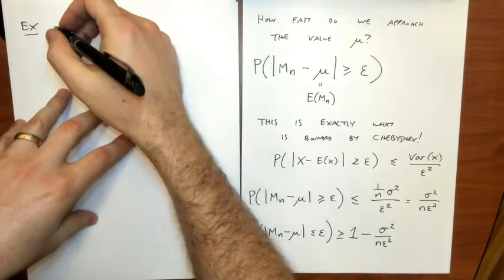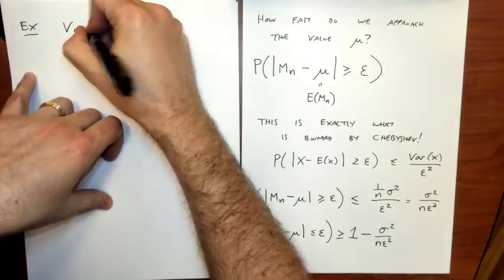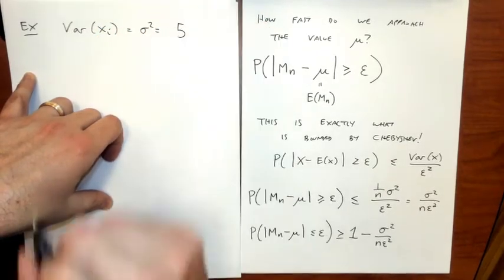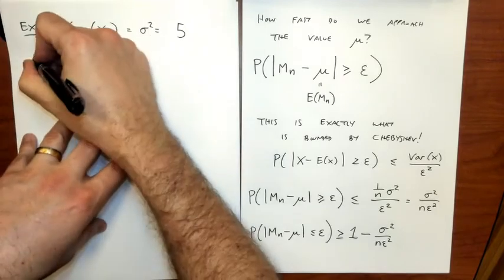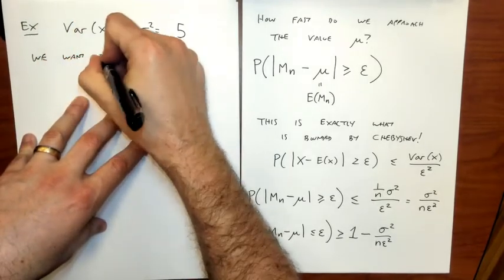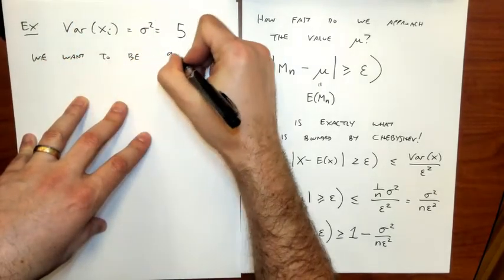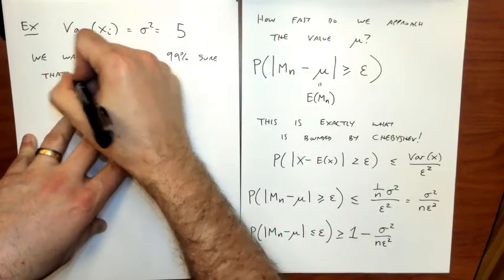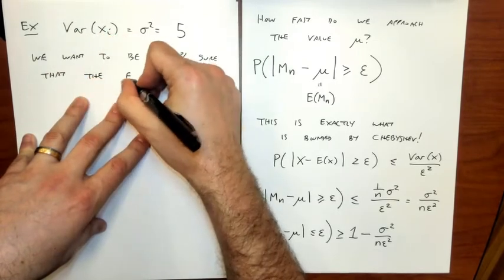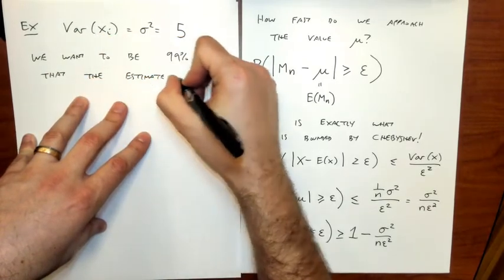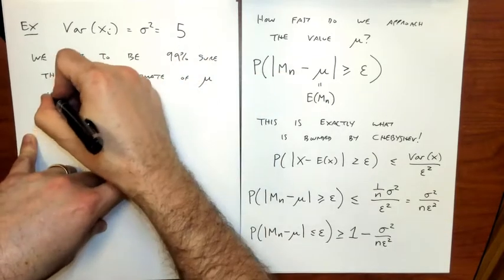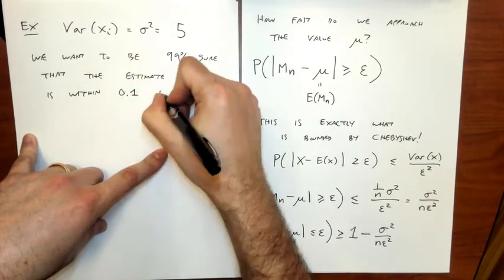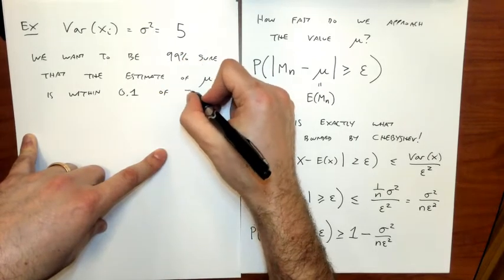Okay, so for example, let's say that I knew that the variance, sigma squared, was 5, say, okay? And we want to be 99% sure that the estimate of the mean is within, say, 0.1 of the true mean.